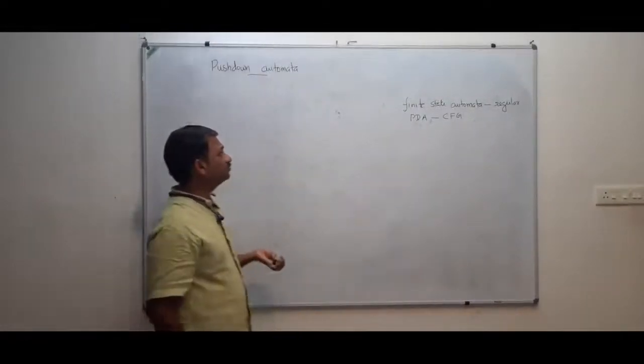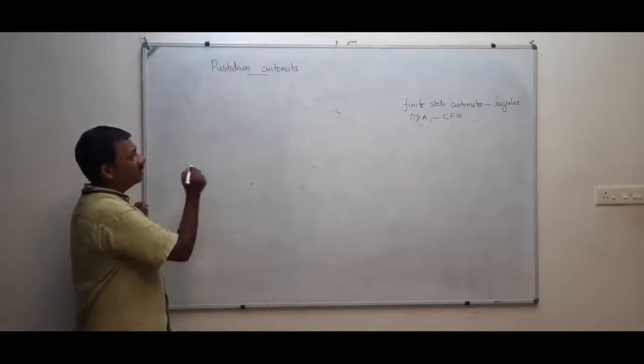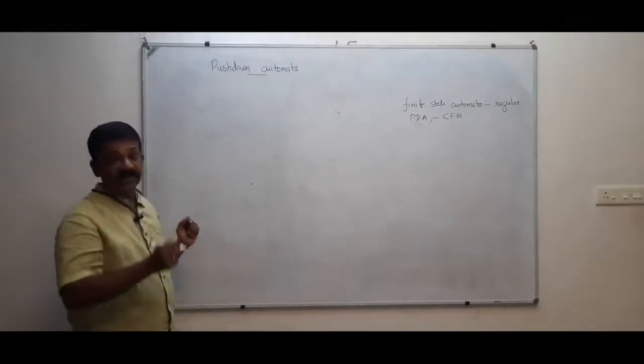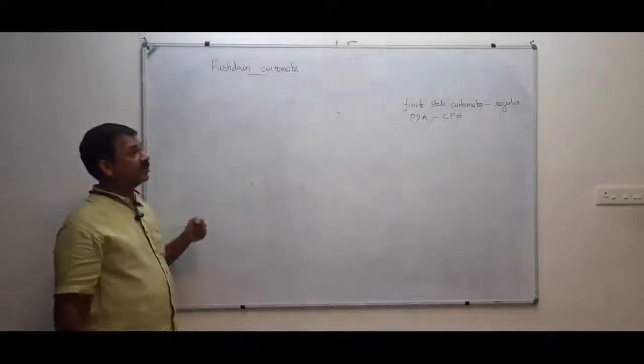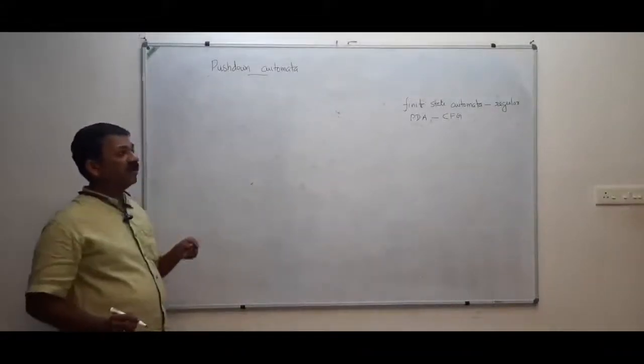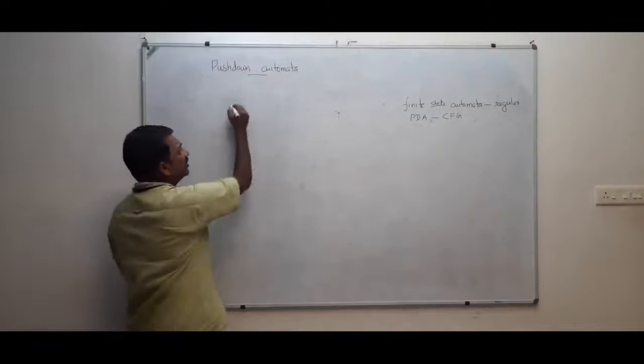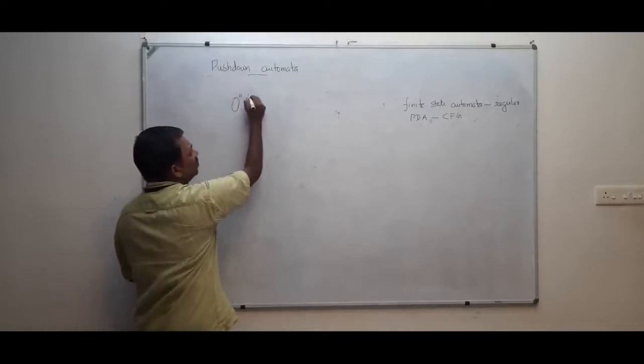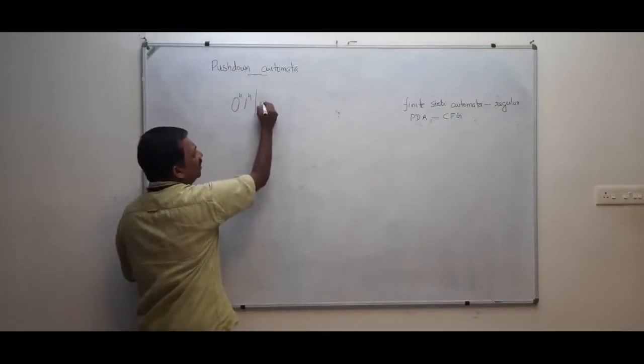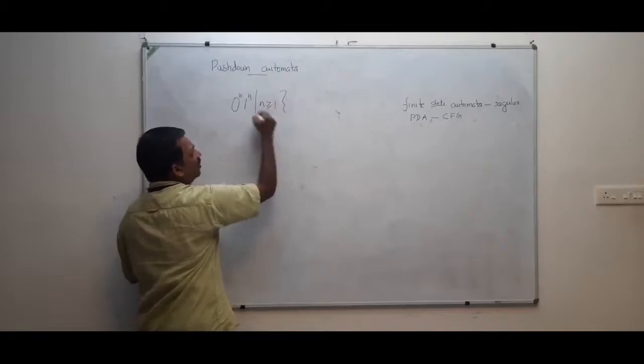For example, in our previous discussions regarding finite state automata, using the pumping lemma, we proved that 0 raised to n, 1 raised to n, where n is greater than or equal to 1, is not regular.